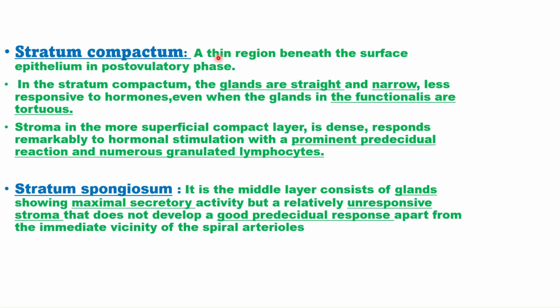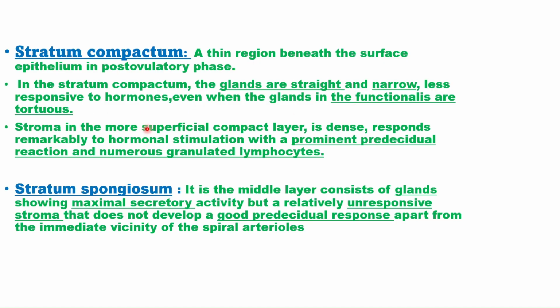The stratum compactum is a thin region beneath the surface epithelium in the post-ovulatory phase. Here the glands are straight and narrow, less responsive to hormones, even when the glands in the functionalis are tortuous.